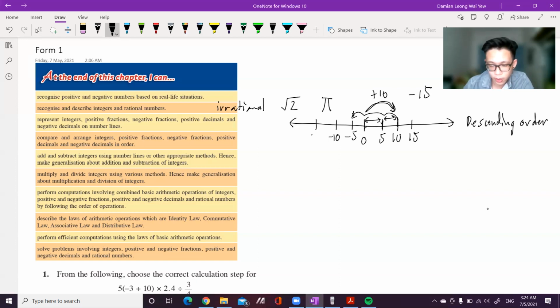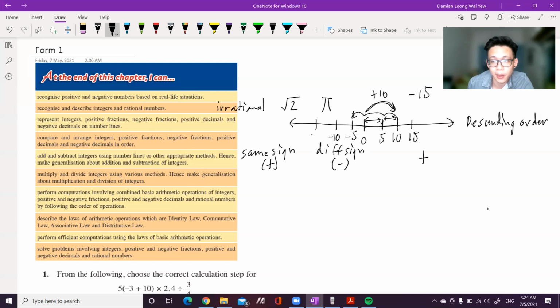Of course, you can also just add and subtract normal numbers. Basically, what I do is, if it's the same sign, I always use plus. Same sign, it will become plus. Different sign, it will become minus.